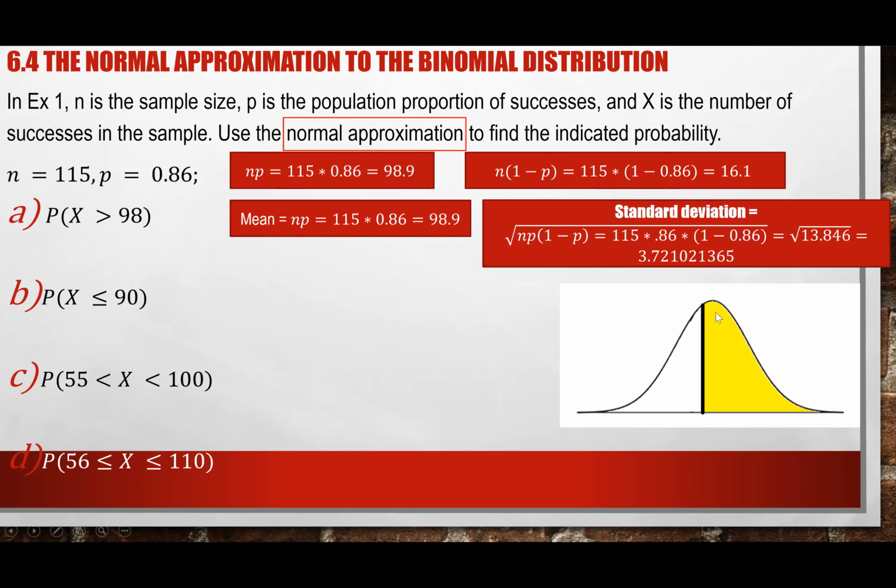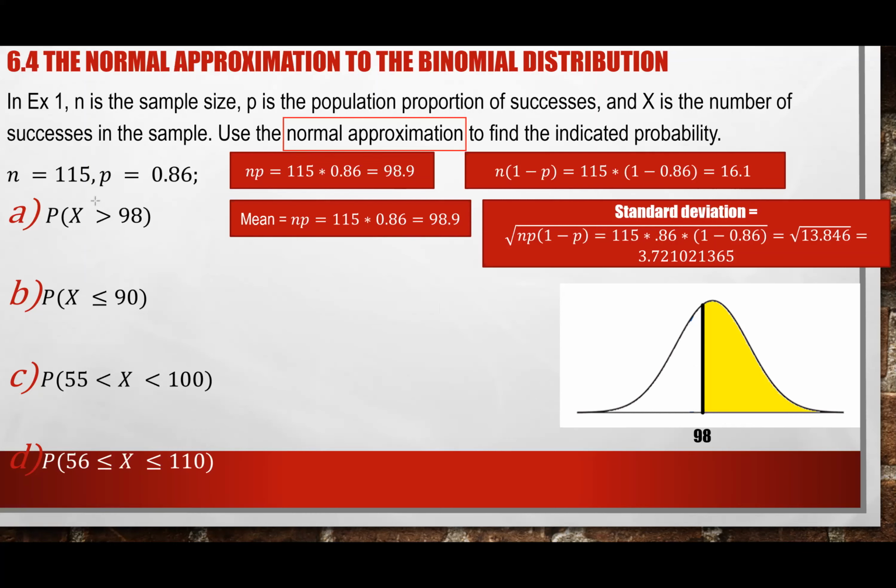Agree? It does not have to be precise. Just put a line and ask yourself, where do I shade it? Do I shade it to the left of that line or to the right? This is my 98. Now the next challenge is, do we include this 98 or exclude it?